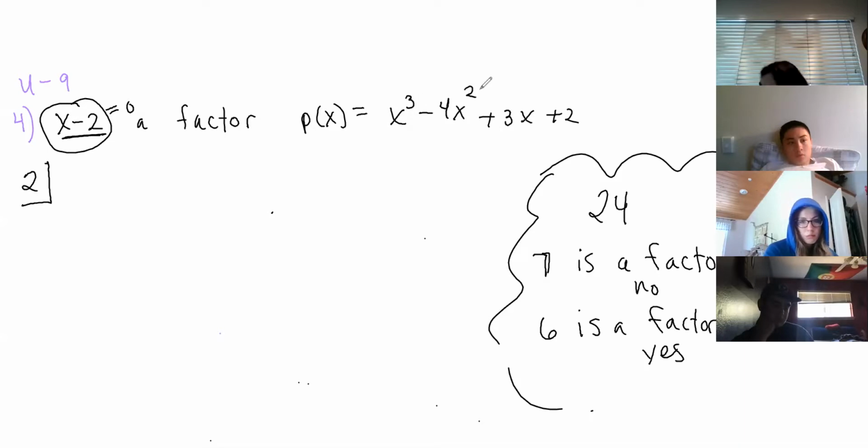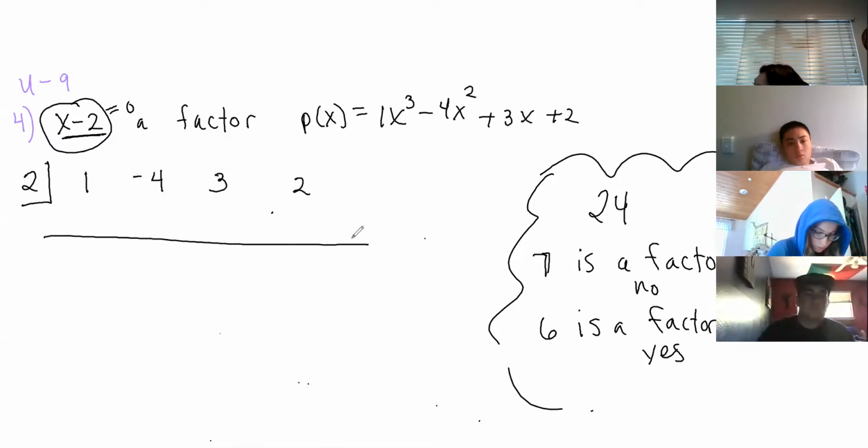Third power, second power, first power, no power, everything's good. What's my leading coefficient? 1. What's the next number? -4. And the next one? 3. And the last one? 2.